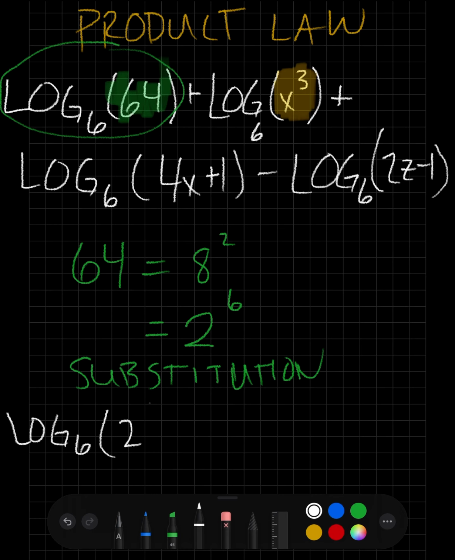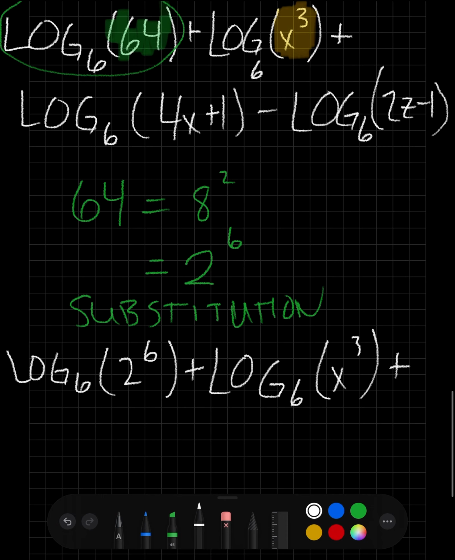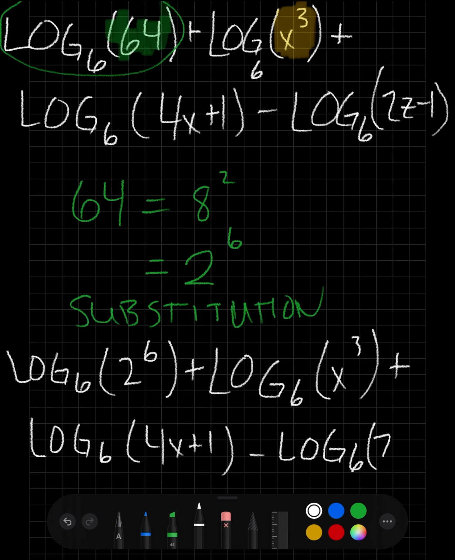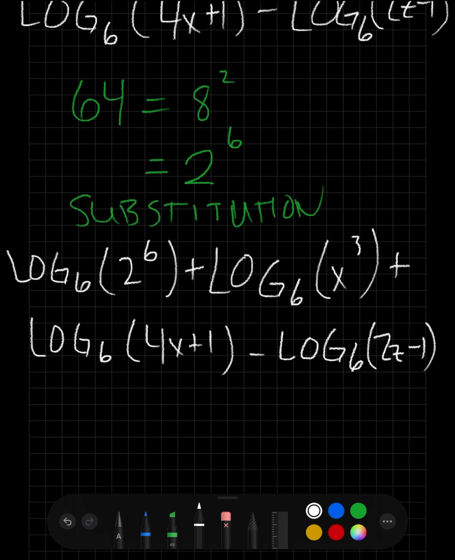So we end up with log base 6 of 2 to the 6th power plus log base 6 of x cubed plus log base 6 of 4x plus 1 minus log base 6 of 2z minus 1. Now we have two exponents, and I'm going to apply the exponent rule, which says that this 6 becomes a coefficient, and this 3 becomes a coefficient.